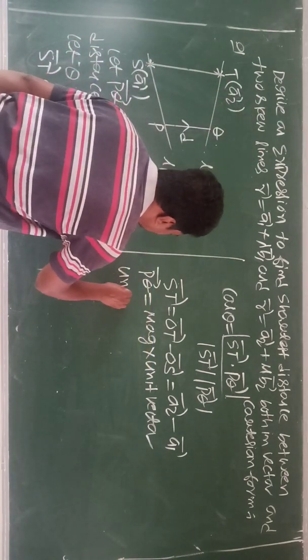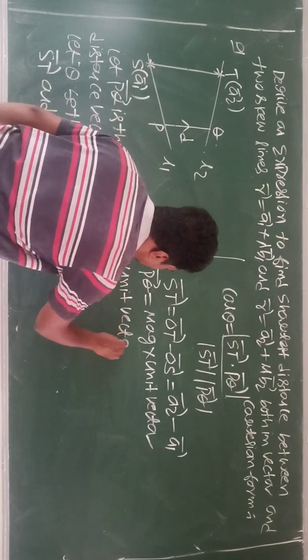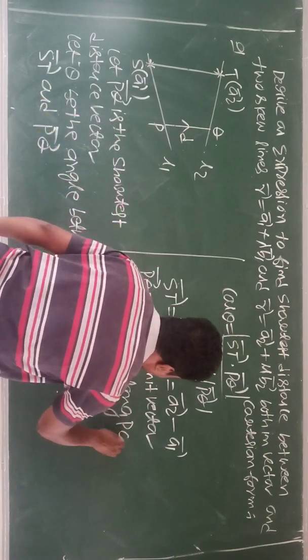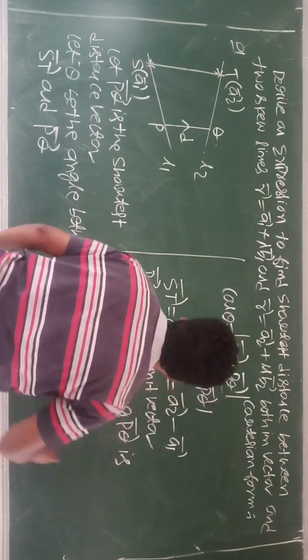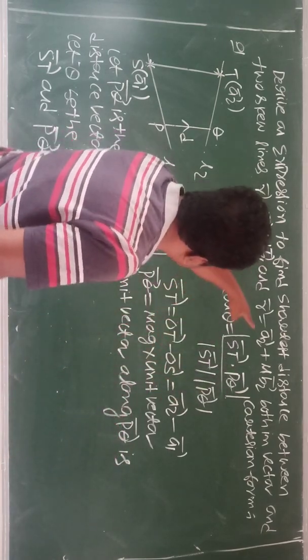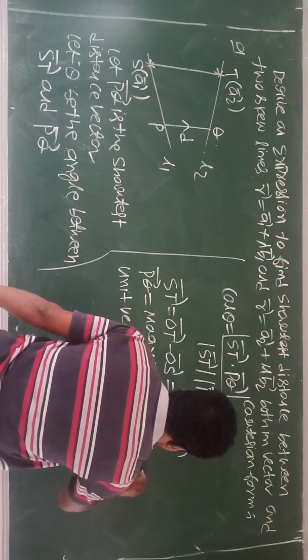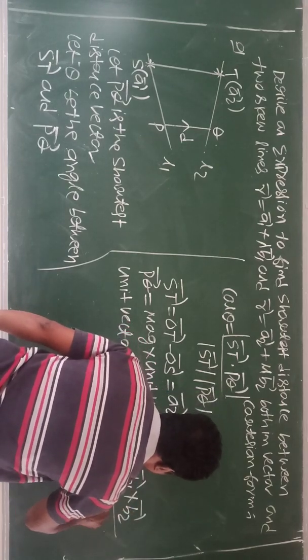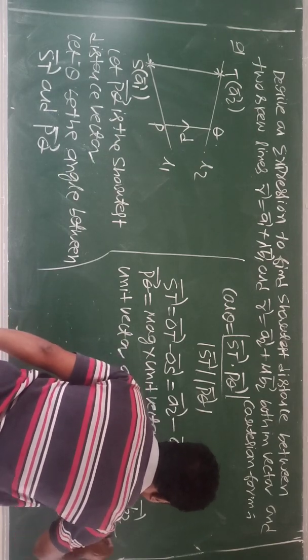So the unit vector along vector PQ is B1 cross B2 by magnitude of B1 cross B2.